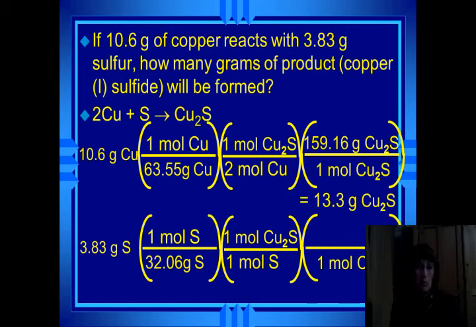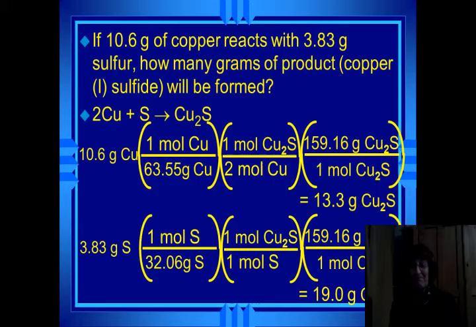Then we change from moles of copper 1 sulfide to grams. So we're changing from grams to moles of one substance, moles of another, from moles of that substance to grams of the substance. And we find out with our second problem that we get 19.0 grams of copper 1 sulfide.